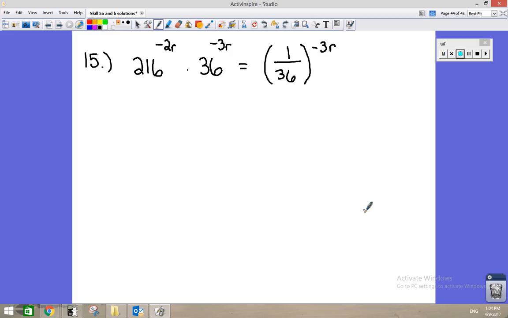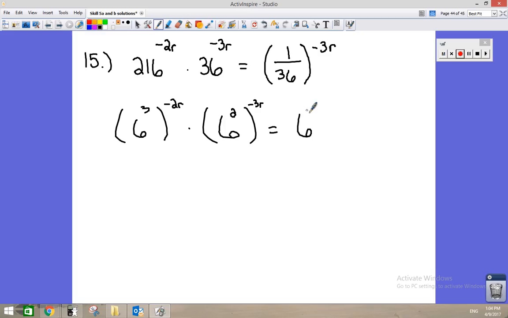Alright, so let's take a look at this one. Let's rewrite these bases as a base of 6 raised to some power. 216, I think, is 6 to the third power. 36, I think you can see it in one step, is 6 raised to the negative 2 power.